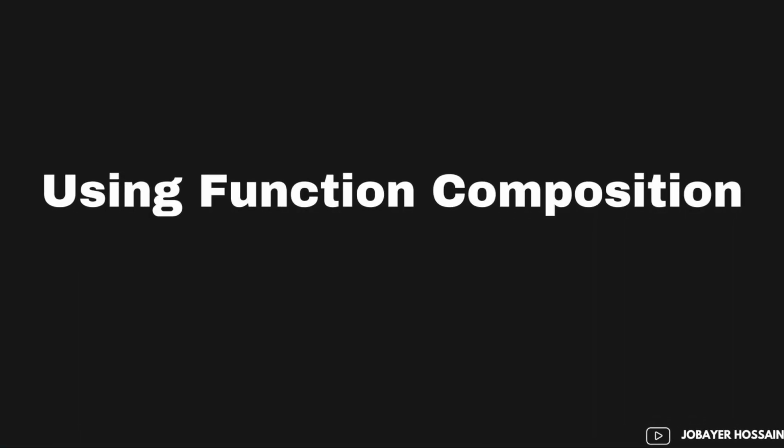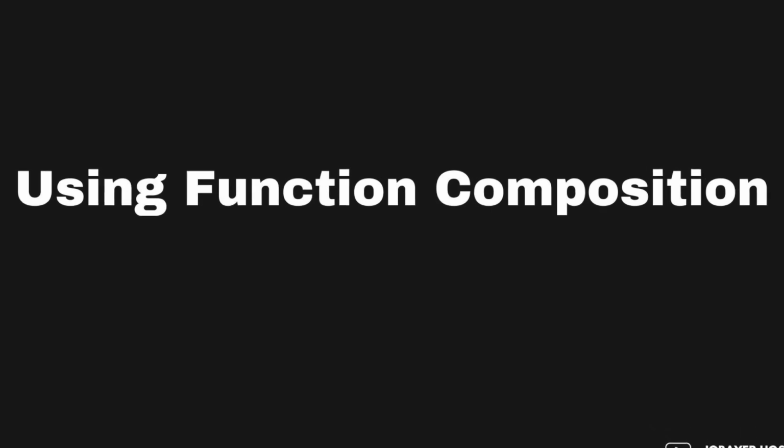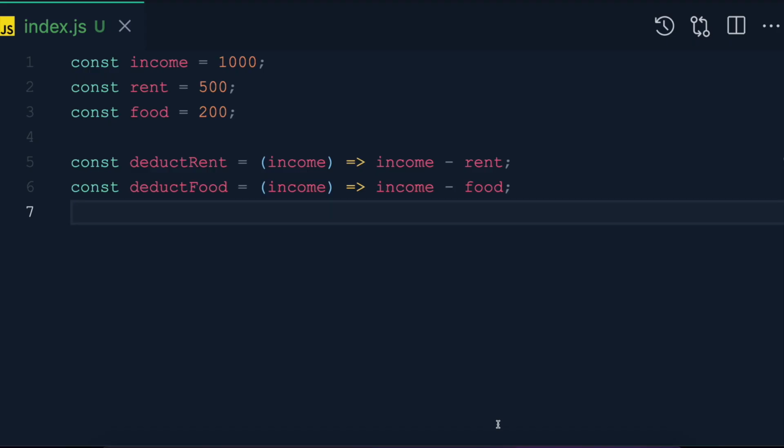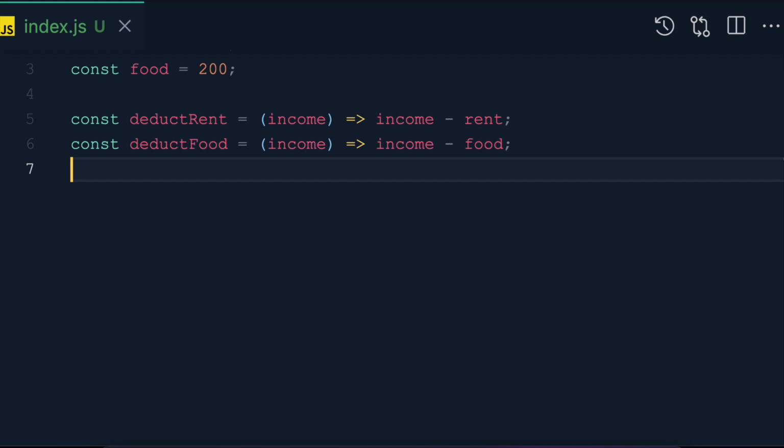Now let's see how we can do the same thing using function composition. First, we will start with the same variables and the easiest way. In this method, we will pass the nested functions as arguments and it will return the value.